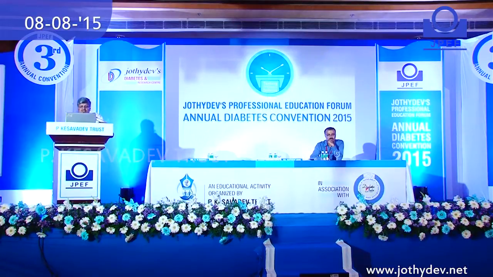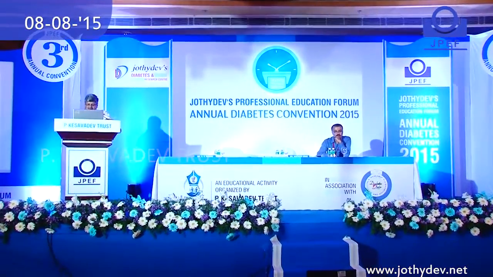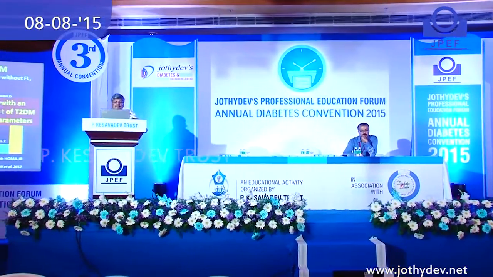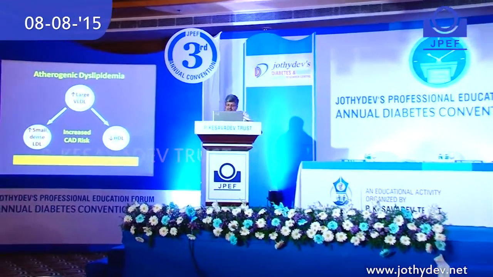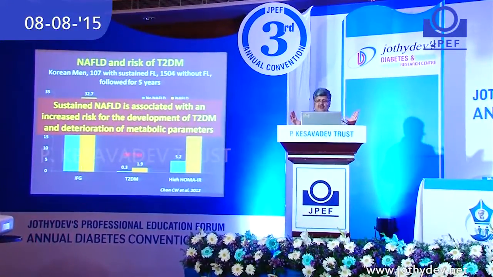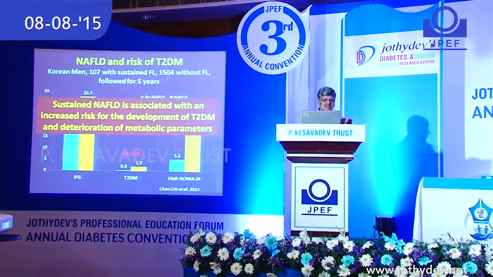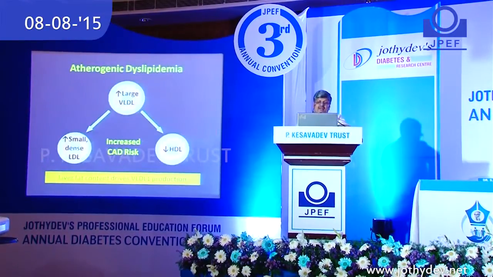This is another Korean study which again shows the odds of having type 2 diabetes are much higher if you have NAFLD than if you do not. So there is an increased risk of development of diabetes. I'm not going through the details of these studies, but very clearly the presence of NAFLD predicts diabetes in the long run.